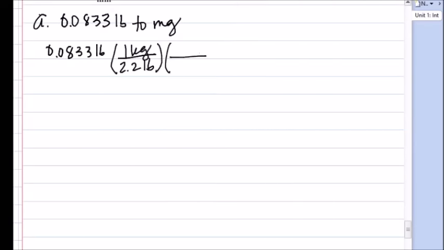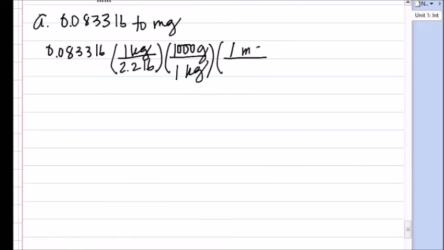Okay, so we can have 0.0833 pounds. Then pwede natin gamitin yung 2.2 pounds kada 1 kilogram. And then, doon naman sa kilograms, pwede natin siya i-convert into 1,000 grams. And then, after that, yung grams, gagawin na natin siyang milligram.